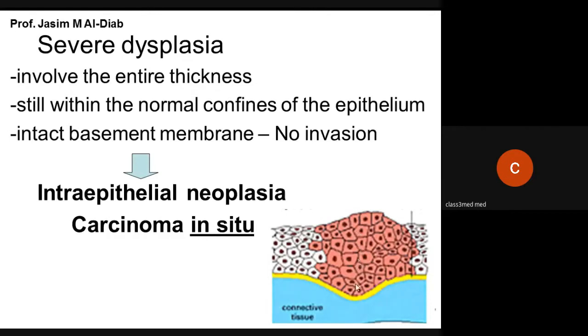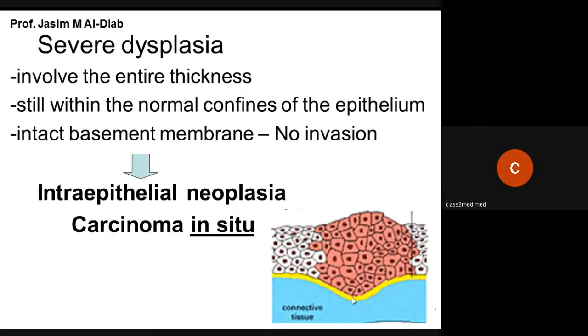But the basement membrane, the yellow line, is intact. So this dysplasia is within the confine of the epithelium, within the limit of the epithelium, intact basement membrane. So we called it intraepithelial neoplasia. Neoplasia confined within the epithelium, or carcinoma in situ, localized.